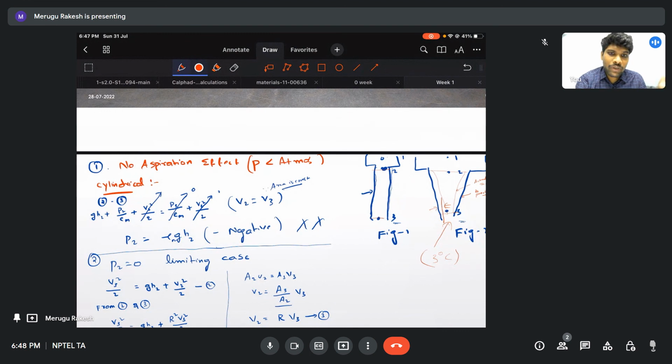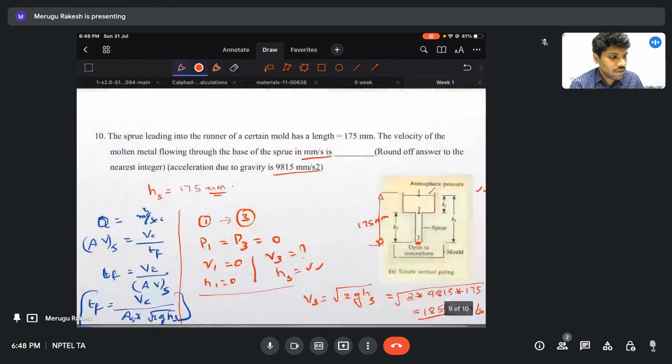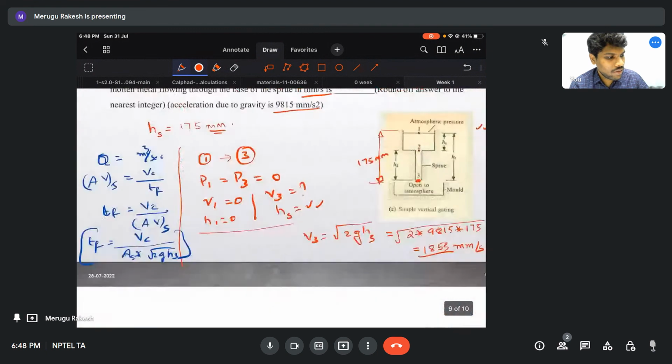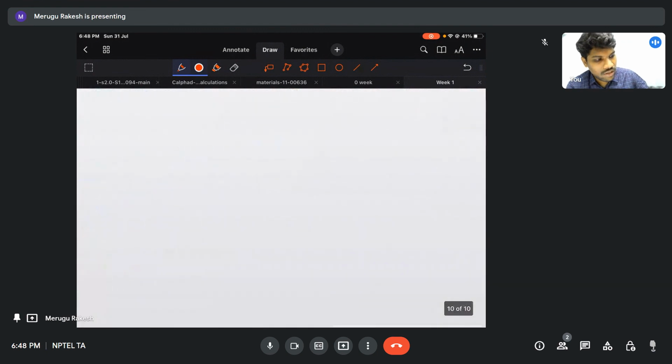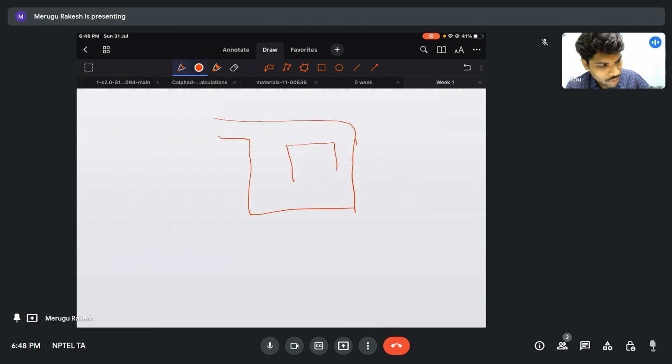And there was one question on cold shut. What is this cold shut defect in castings? So I will explain that concept, that definition. What happens in general is, if you have a casting, say I am having a hollow, I have a cavity at the center.